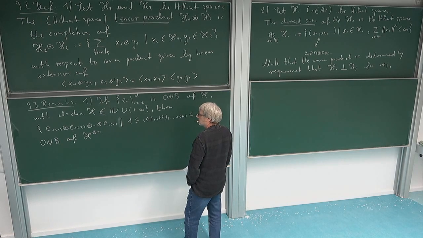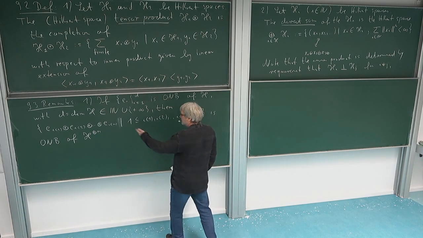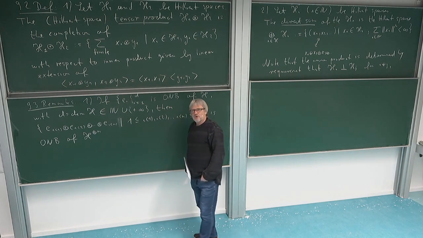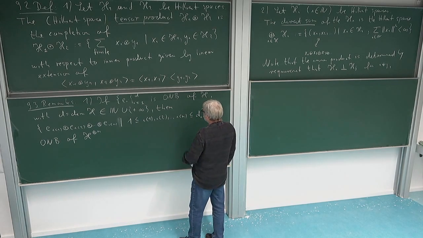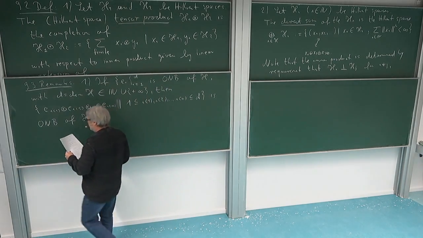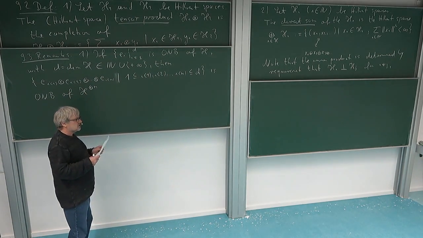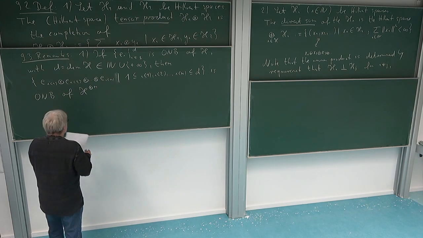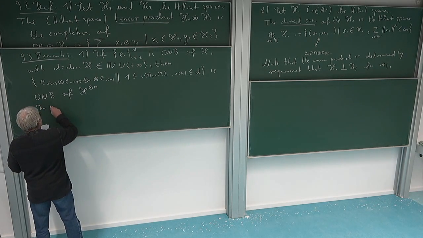And of course, now I can read off how many elements I have in the basis. Of course, this is just D to the n. So this also gives me the dimension of the tensor power. And of course, this is multiplicative as it should be.